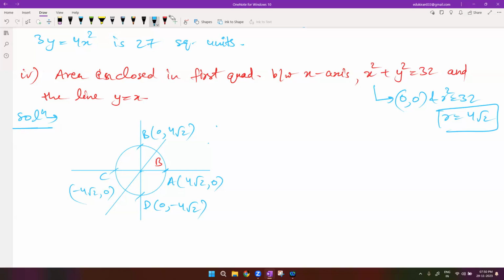So to find out portion B, we surely need this intersection point. Let's call this intersection point E, correct? So we are interested in this area. Okay, first find out the intersection point.